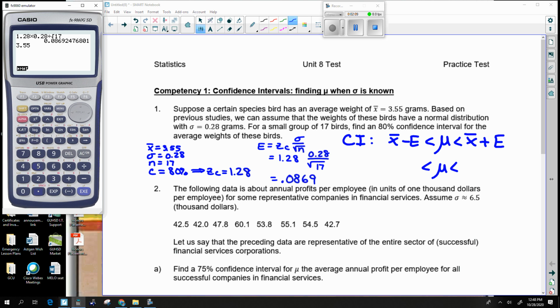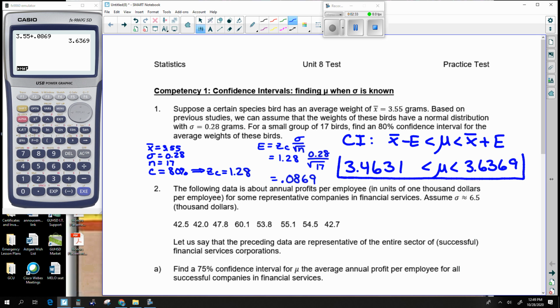So 3.55 minus E, and then we go to the top limit by the sample plus E. There it is.